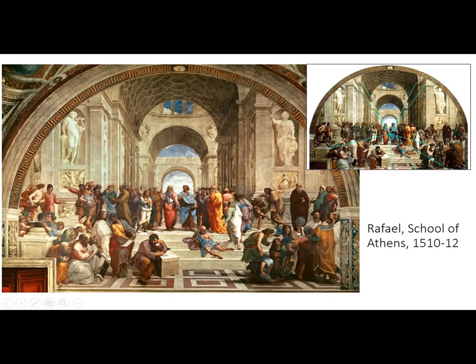So we've got Aristotle and Plato as the two main philosophers in the center of this. And it's called the School of Athens because these are all the philosophers that came from basically Plato and Aristotle, the kind of founders of Greek philosophy.